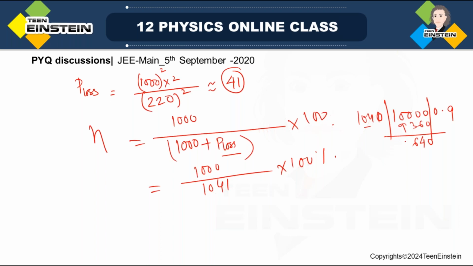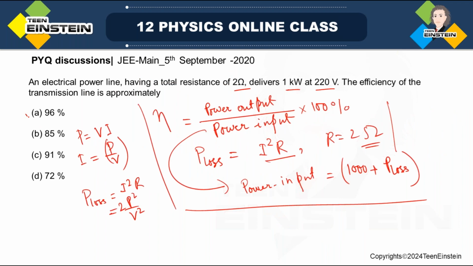So one more I can get from here. I think I'll just multiply this. So it will come around 5 here. So nearly, you will get nearly 96%. So this is the answer here.